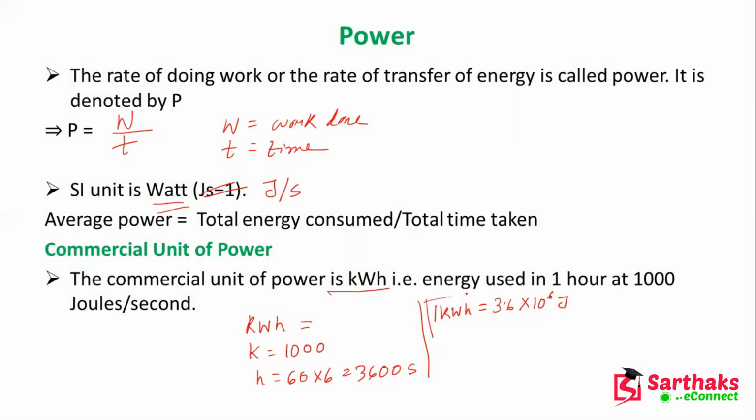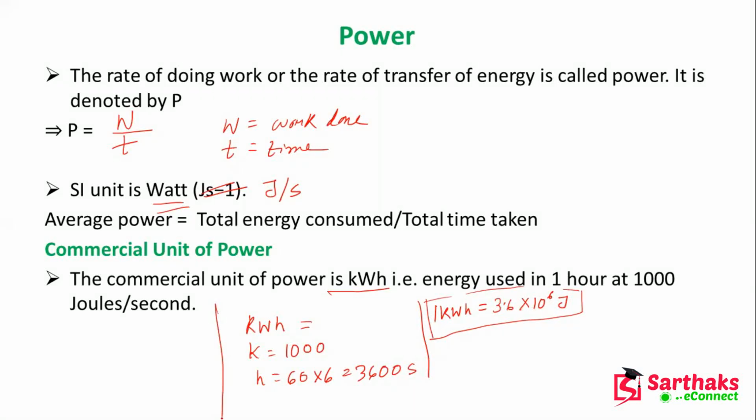Please remember this. Or otherwise, no need to remember this. 1 kilowatt means 1000. Kilowatt hour, that means 1000 here, and hour is 3600. So it is 3.6 into 10 to the power 6.